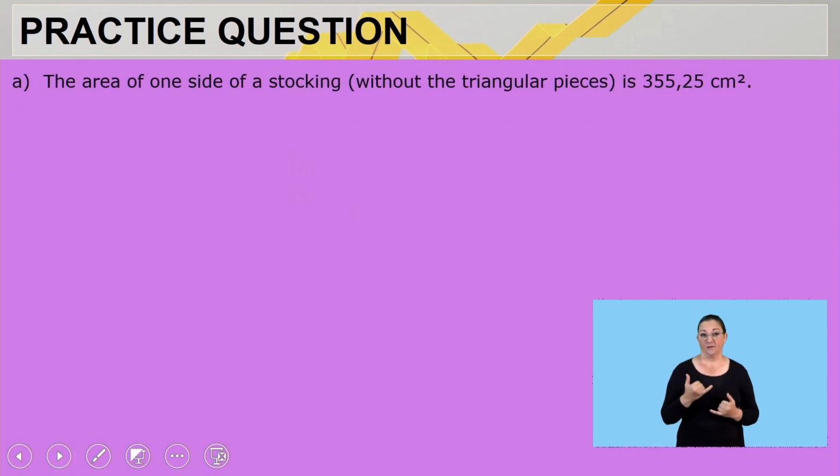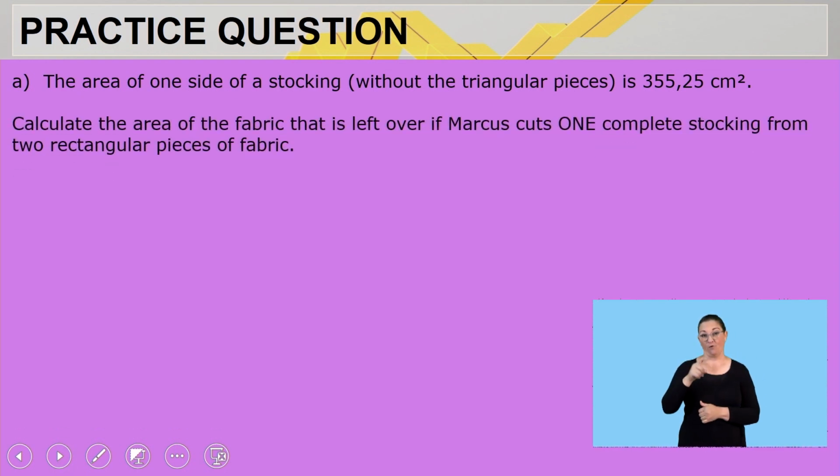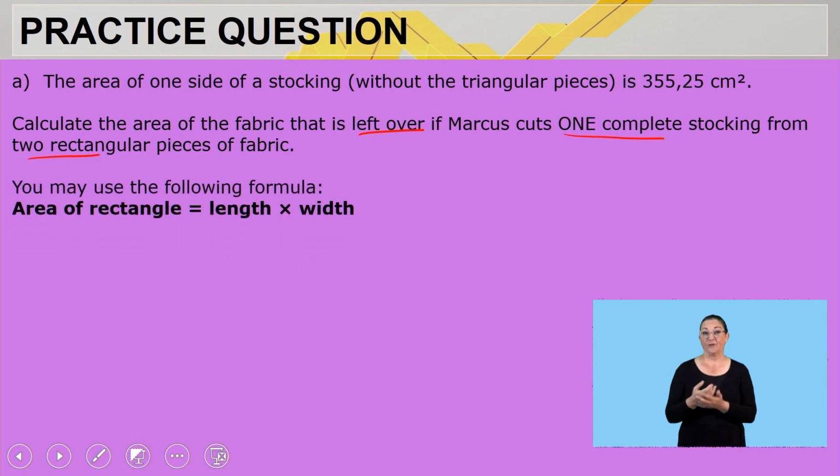It says here, the area of one side of a stocking without the triangular pieces is 355.25 square centimeters. Then calculate the area of the fabric that is left over if Marcus cuts one complete stocking from 2 rectangular pieces of fabric. Okay, so you may use the following formula: area of a rectangle equals length times width.